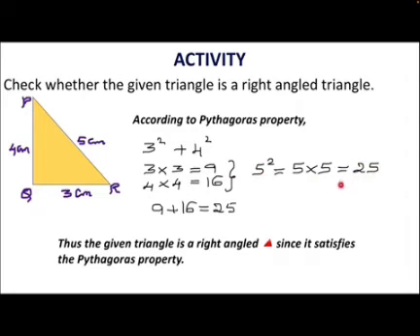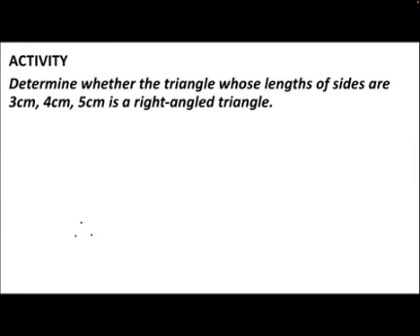After finding the answer, we saw that 5 squared, that is 25, is equal to the sum of these two. So 9 plus 16 is 25. So 25 is equal to 25. We can claim that this triangle is a right-angled triangle. Okay, we can say that the given triangle, that is PQR, is a right-angled triangle, children.